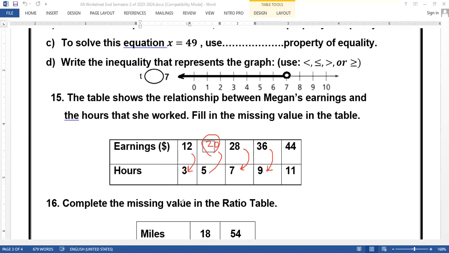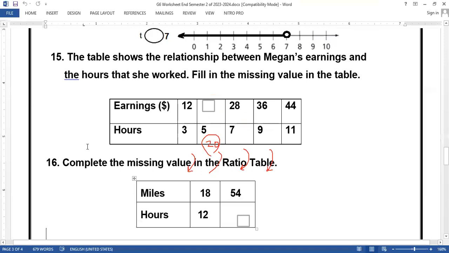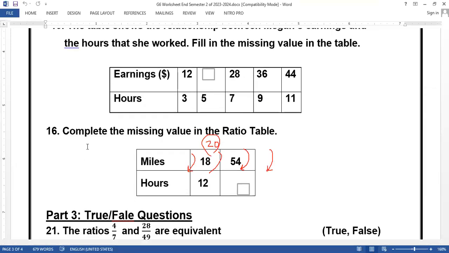Complete the missing value in the ratio table. Same idea. 18, 12, 54. So it's better to find the unit rate. 18, 12. If I divide by 2, we get 9, and here we get 6.